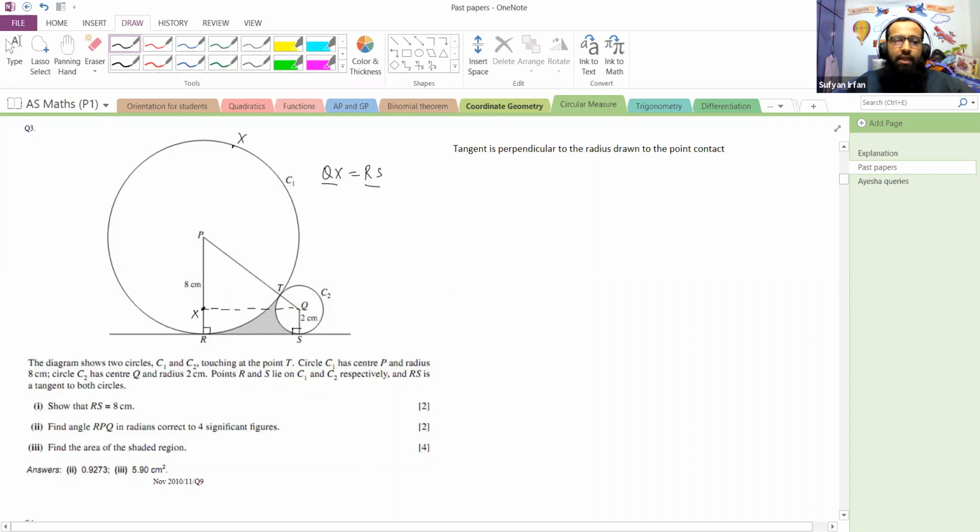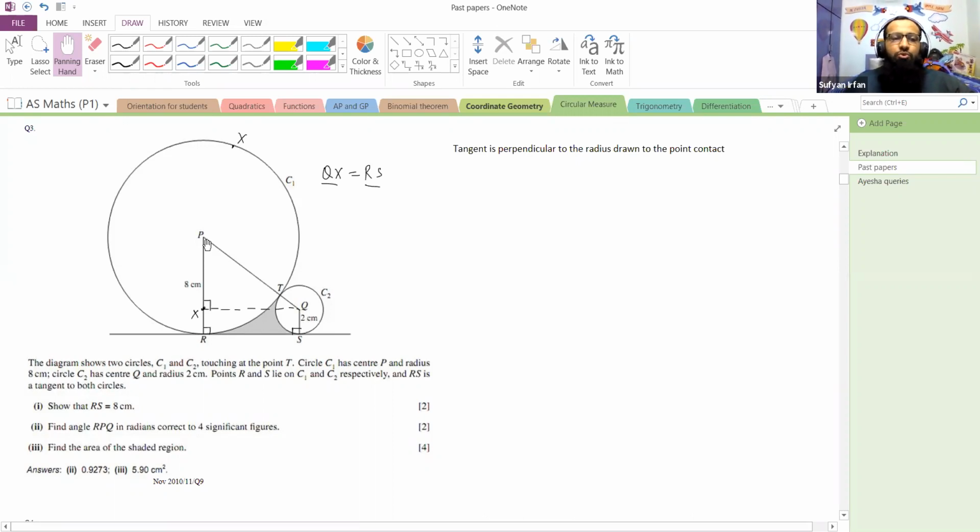And now because XQ is a horizontal line, this will be a right angle triangle. Now in a right angle triangle, either we use the Pythagoras theorem or we use trigonometric ratios. So over here, P is a center, right? From P till R is the radius. At times our thinking stays limited to one of the radiuses only.